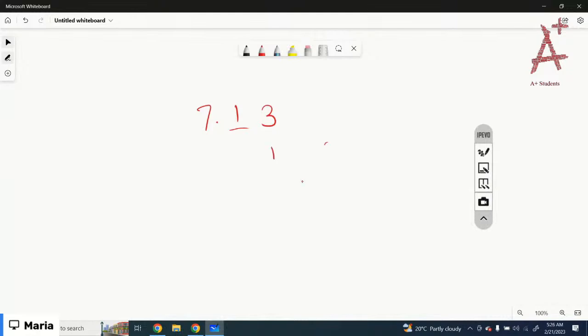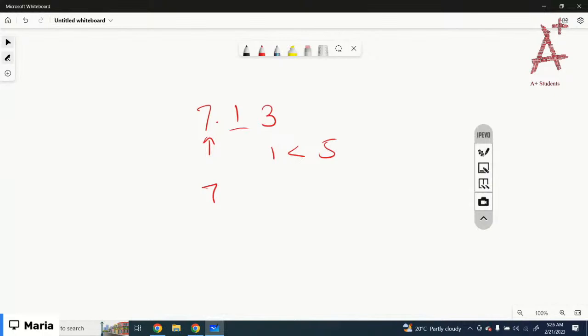Compare this digit to 5. 1 is less than 5 or greater than 5? 1 is less than 5. Got it? That means you have to round on the same dollar. It would be then rounded off to 7.